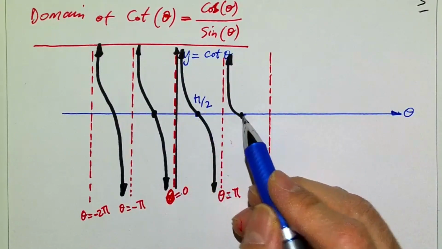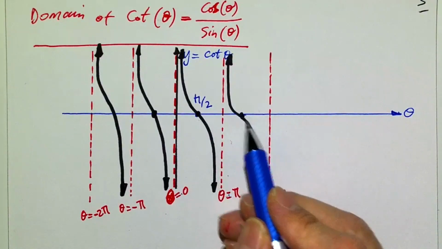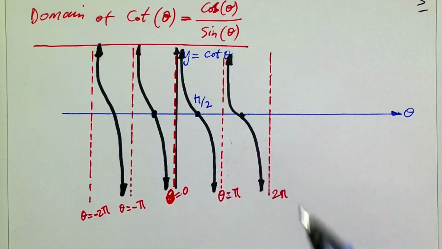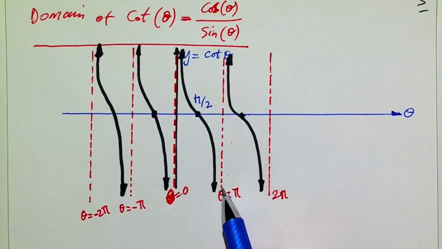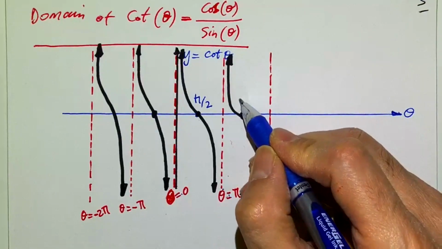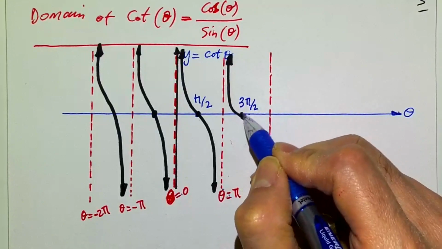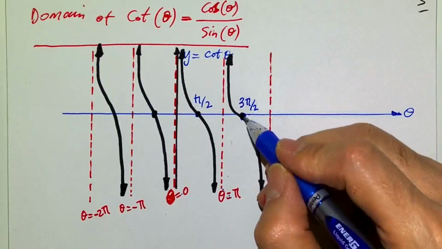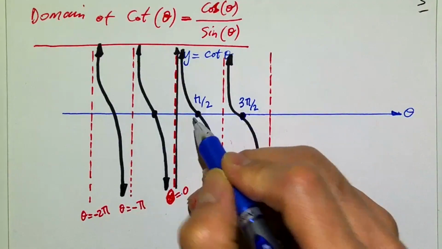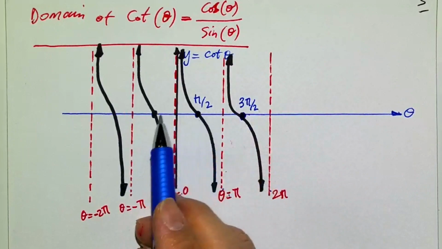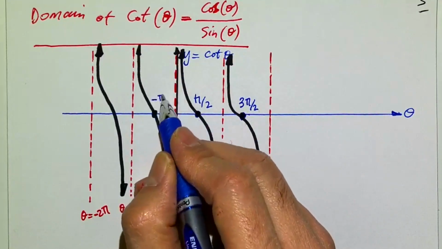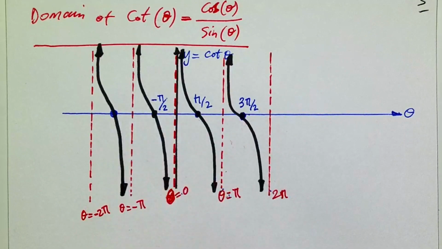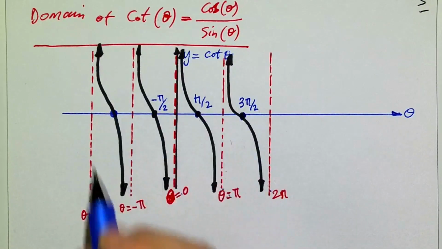In terms of my graph, it's poorly drawn because this point should be in the middle here, but let me label it correctly. Between pi and 2 pi, the middle point is 3 pi over 2, at which point the cotangent of theta would be equal to 0. And this is the same thing, but minus. So this would be minus pi over 2, and this one here would be, I'm sure you guess, minus 3 pi over 2.